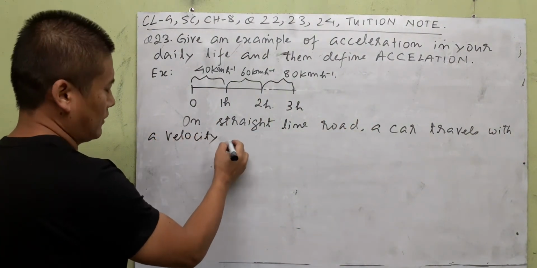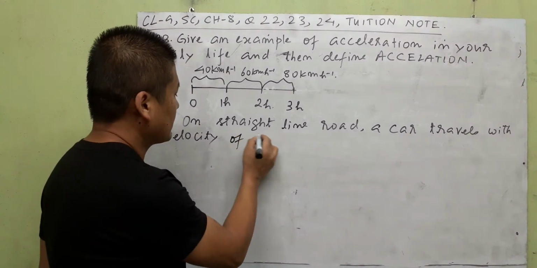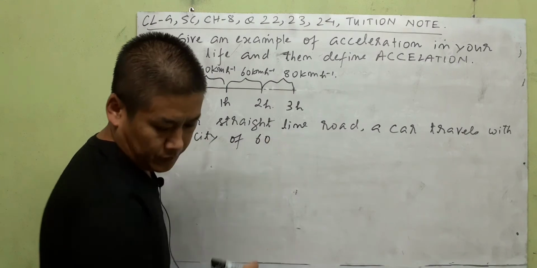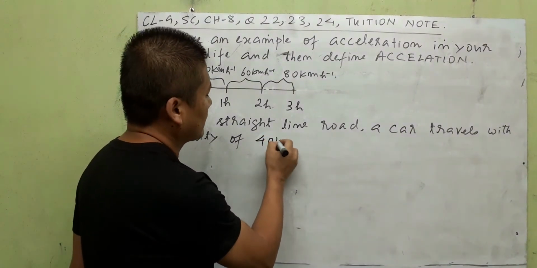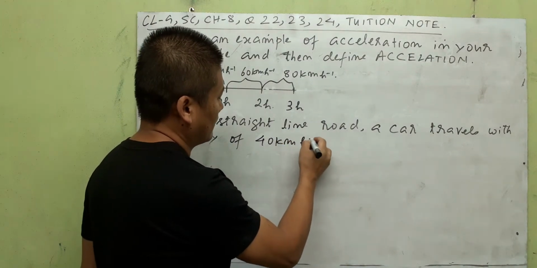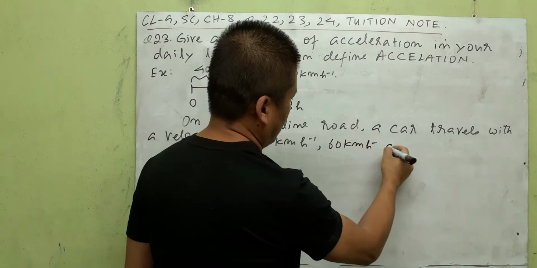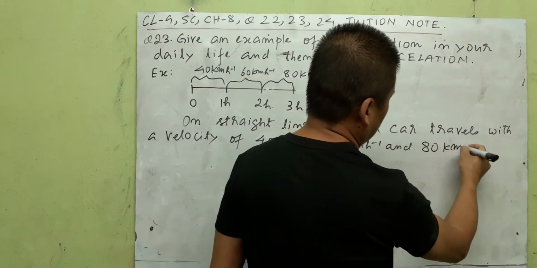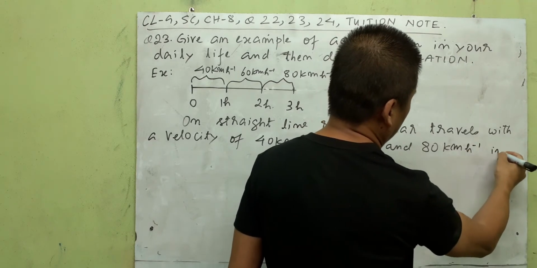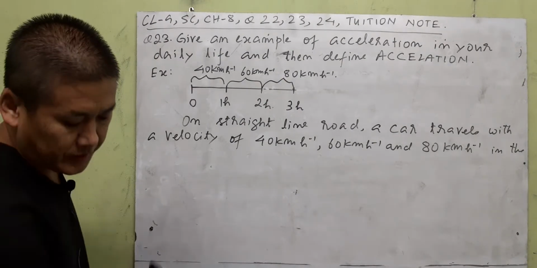So this is the example. Velocity of 40 kilometers per hour, then 60 kilometers per hour, and 80 kilometers per hour in the first, second and third hour.